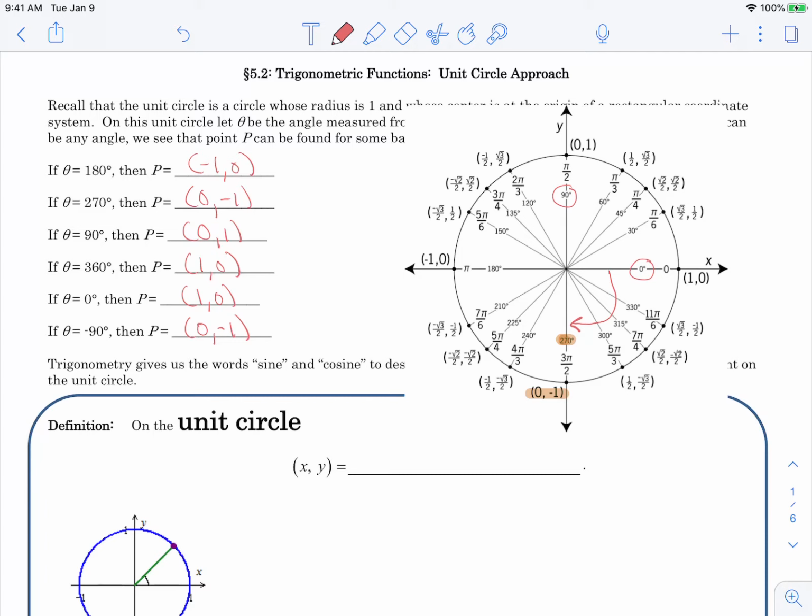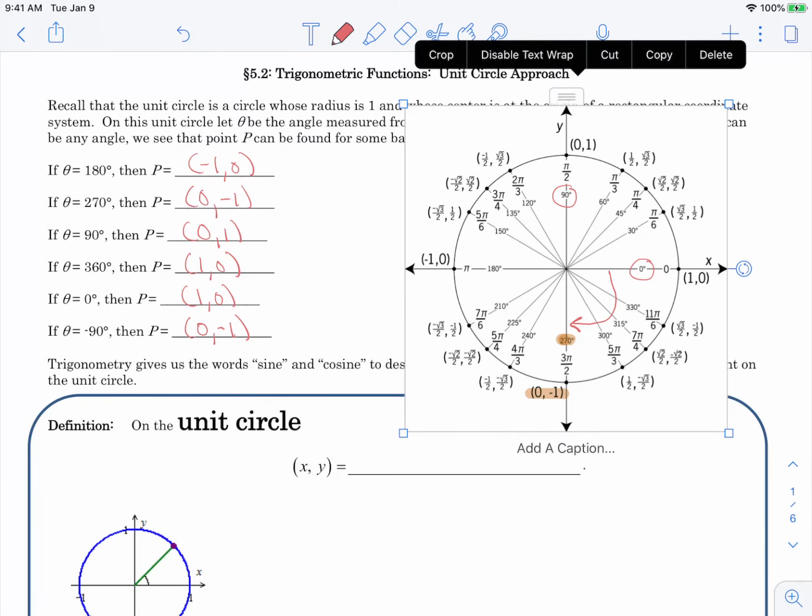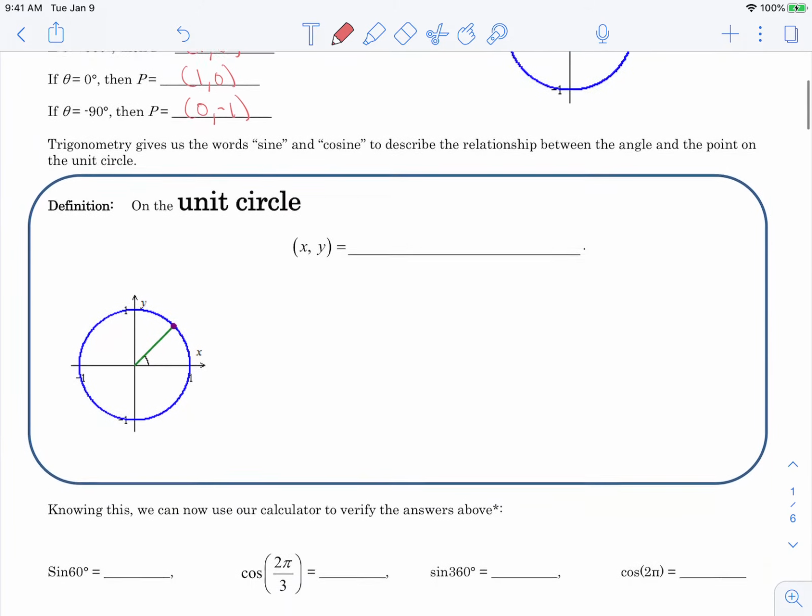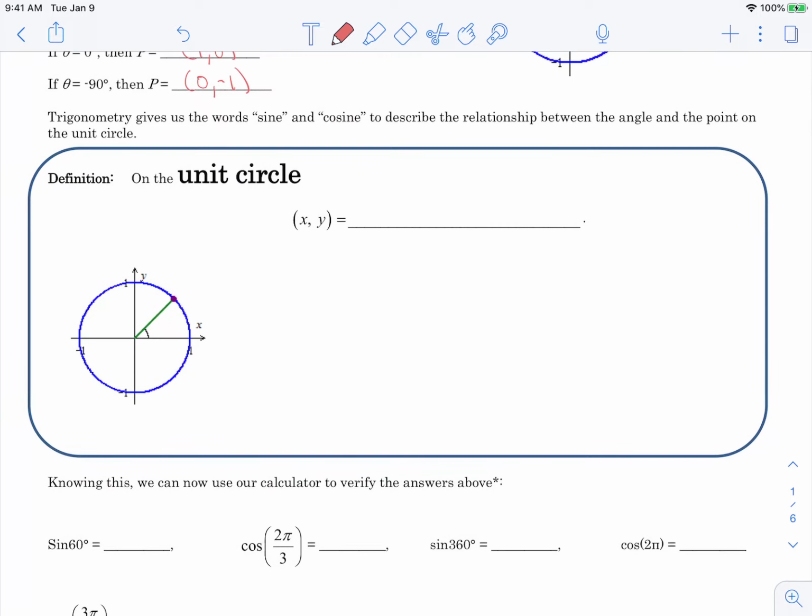Now, the important thing is when we are on the unit circle, we aren't always, but when we are, this means our hypotenuse has to be 1 unit, hence the unit circle. That's telling me my radius is 1.